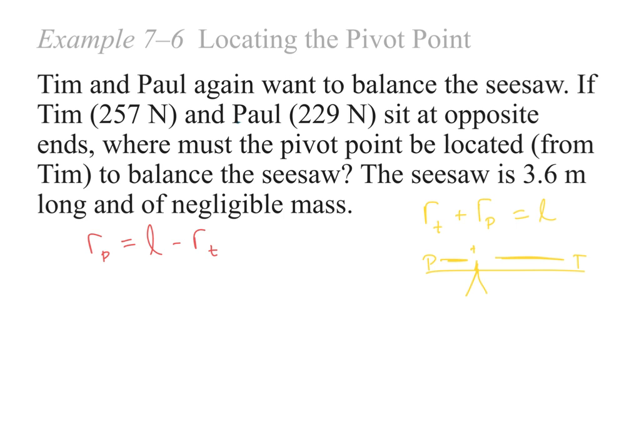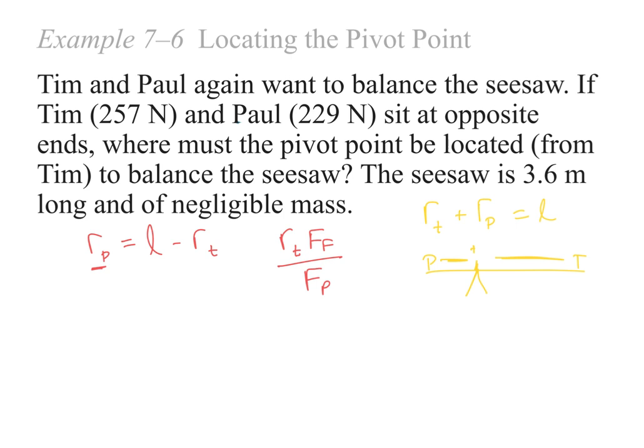So then from that, we know that their torques should equal each other. If I want to use Paul, what is his torque altogether? Well, it should be exactly how we used it before. It should be how far away Tim is, Tim's force, divided by Paul's force. This is what we've done on the other two, right?